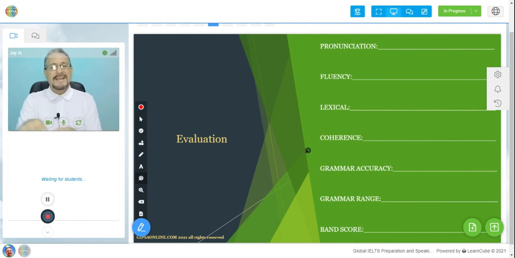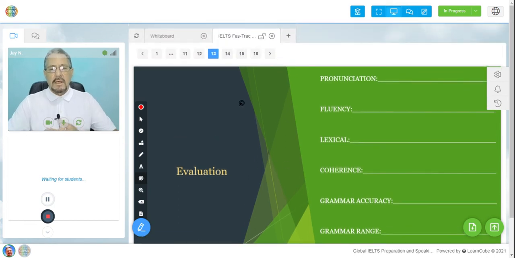If you're making some consistent errors, we will identify them so that they can be worked on. The grammar range, and then we give you a band score. In this form, our success rate is well above 95%. We just don't have very many students that do not achieve their goal using this process.